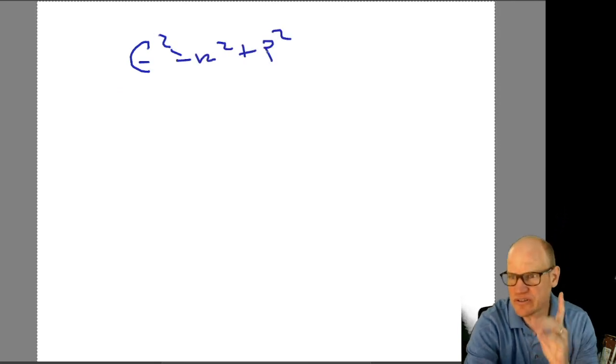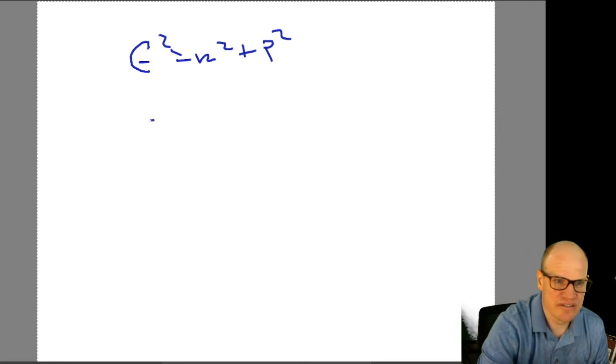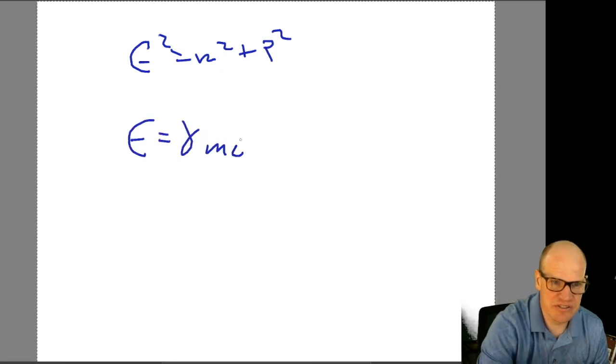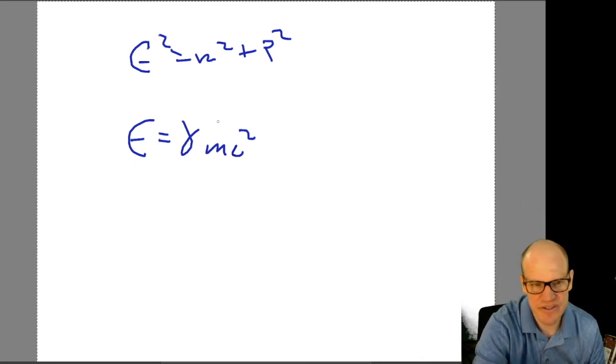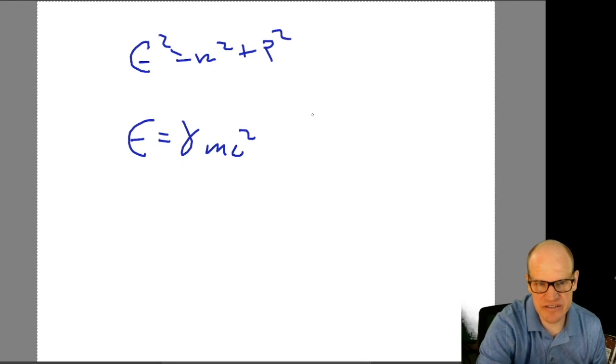There's also, equivalently, E equals gamma mc squared, where gamma is the speed of light thing. This gamma right here is 1 over the square root of 1 minus v squared over c squared.